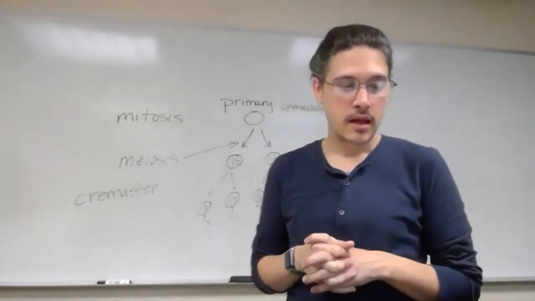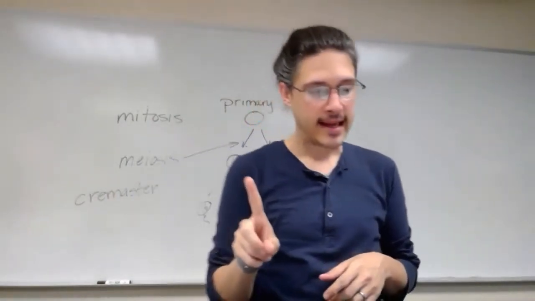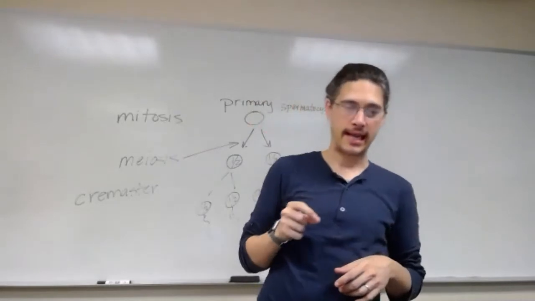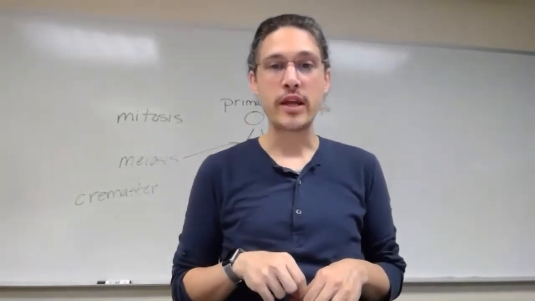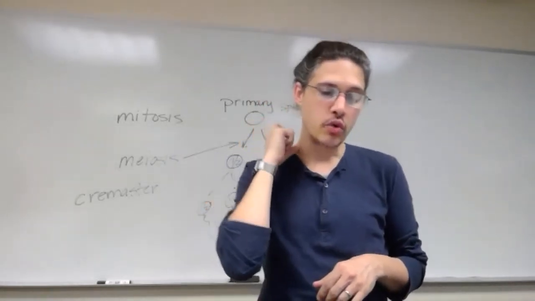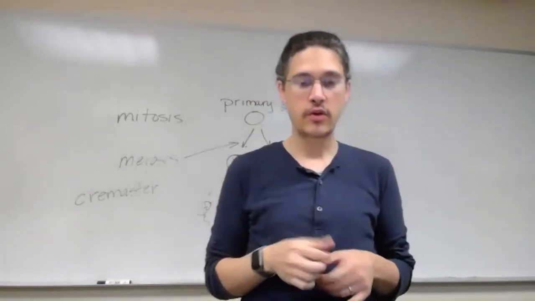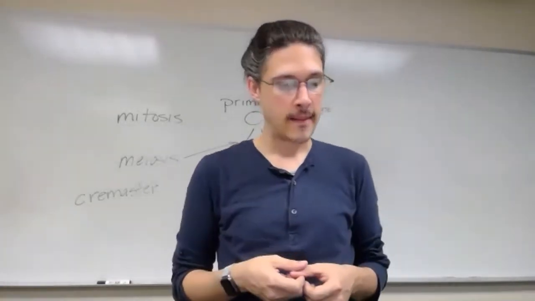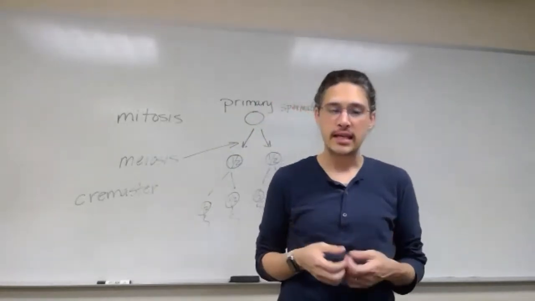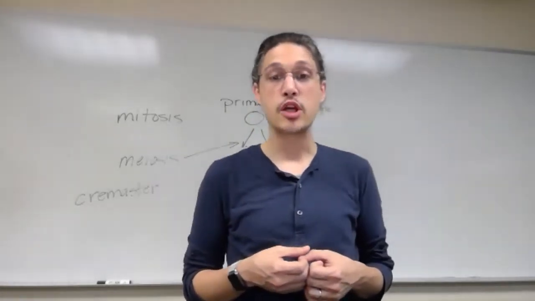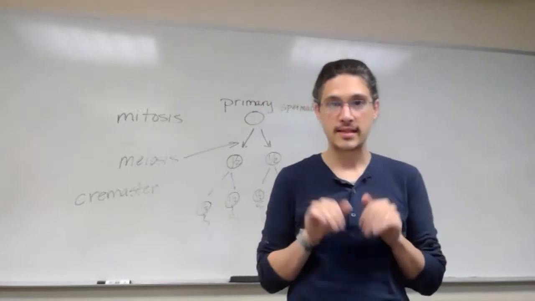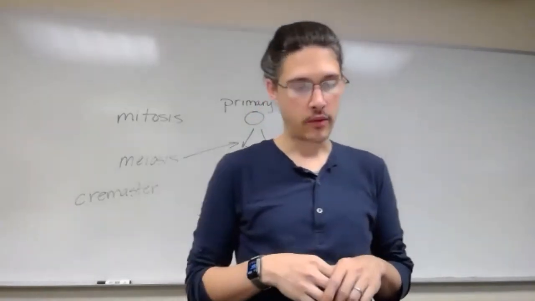So, next paragraph, I want you to highlight the Cowper's glands, also known as the bulbourethral glands, are two pea-sized glands located beneath the prostate. They are mucus-producing glands that serve to lubricate the urethra, to make sure that everything can slip and slide easily on its way out.